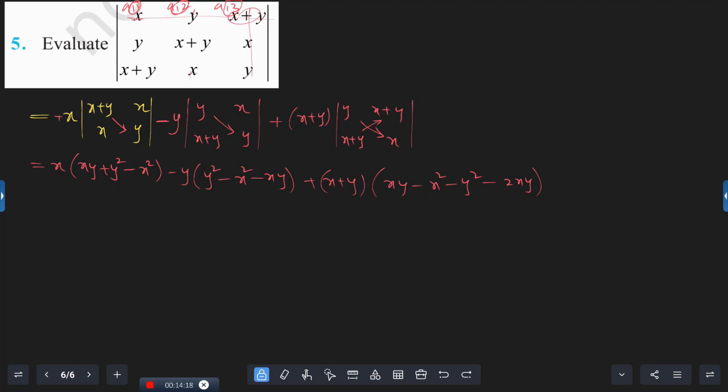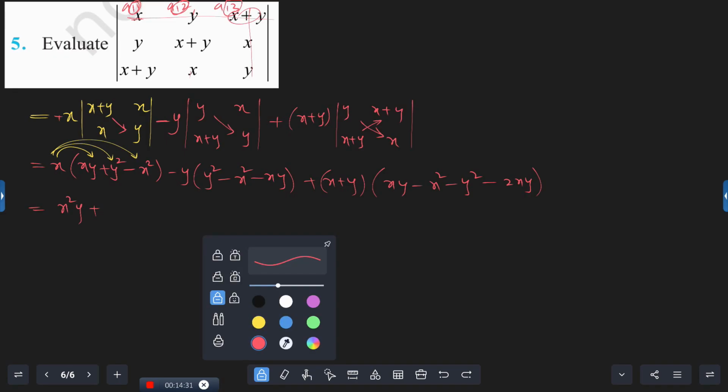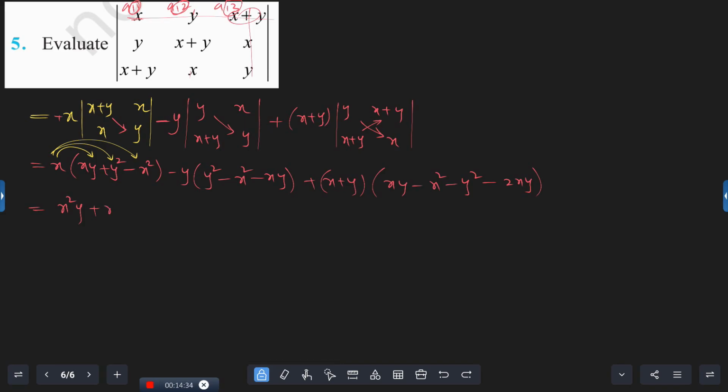Now you multiply the outside element inside. x into xy, you will get x square y; x into y square, x y square; x into x square, x cube.